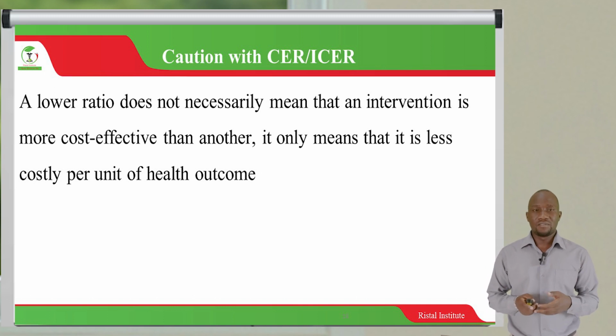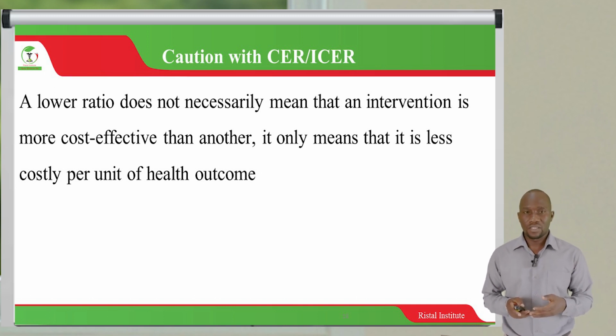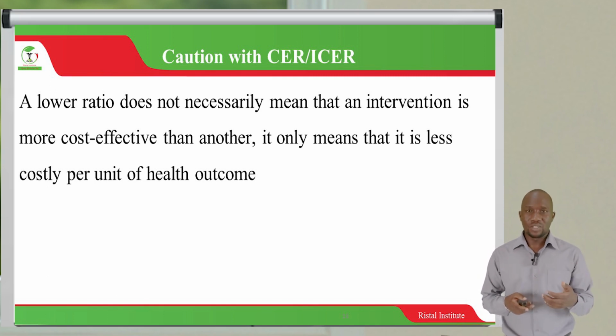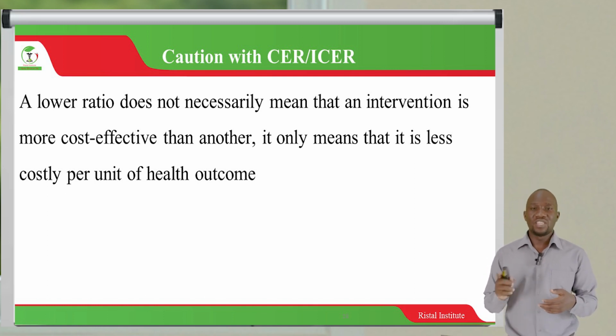The challenge with the cost effectiveness ratio is that even if you get a lower ratio, it does not necessarily mean that the other intervention that you have made the comparison with is actually more costly than the first one. It may only mean that the unit cost is the one which is lower, but it may not be effective in the longer run.